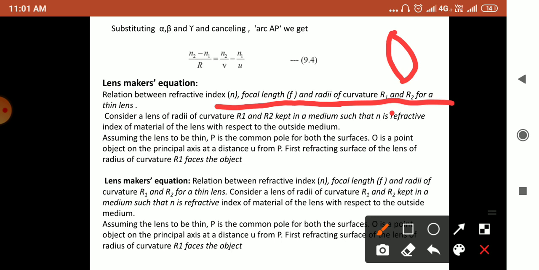So there will be two curved surfaces. When there will be lens, then it will give two curved surfaces. From this one curved surface, it will give R1 and R2 radius of curvatures.